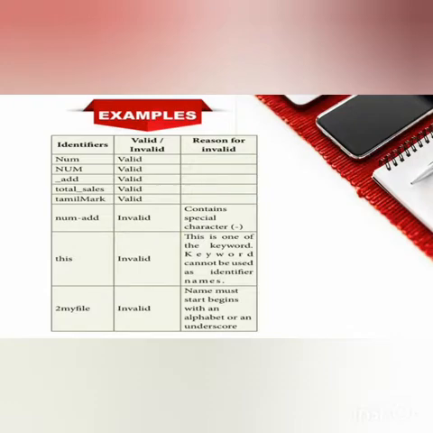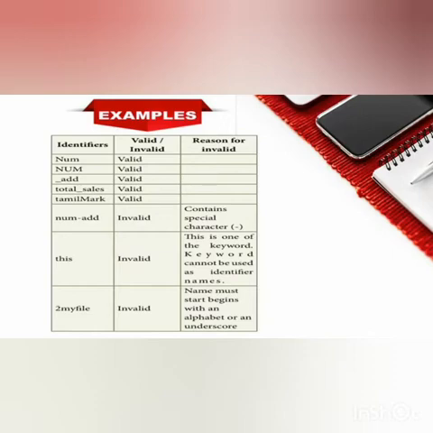Now let's see the examples. In this example, we will see which are the valid and invalid identifiers. The first example is num. This is valid because the rule is that the first character should be an alphabet or underscore. The second example is capital NUM.